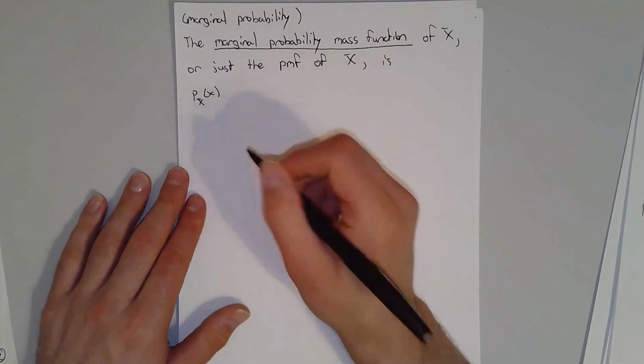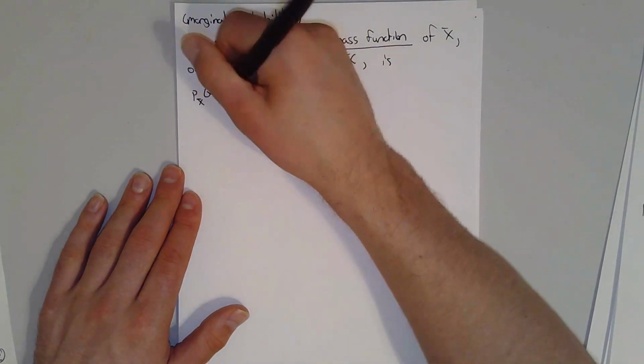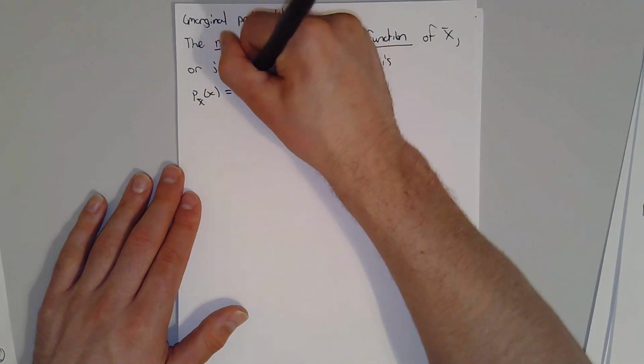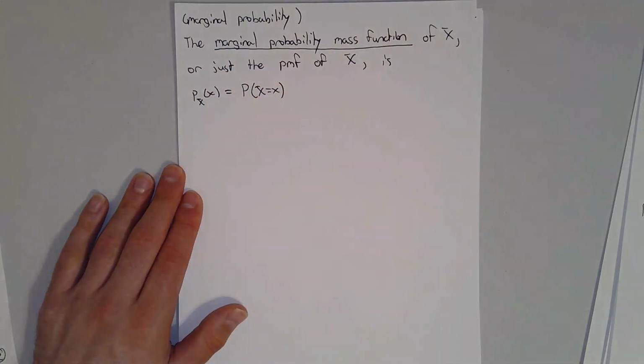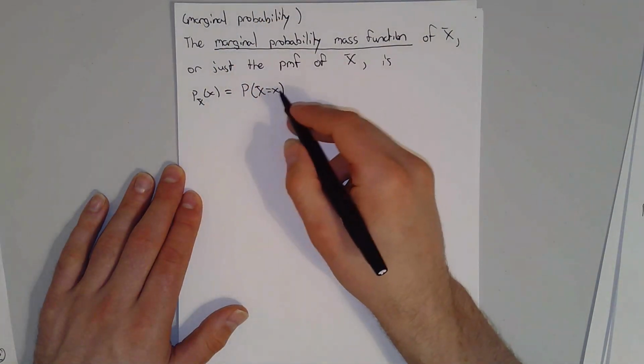There's two. There's x and y, capital X and capital Y. So by definition, this is the probability that capital X takes on a value little x here.